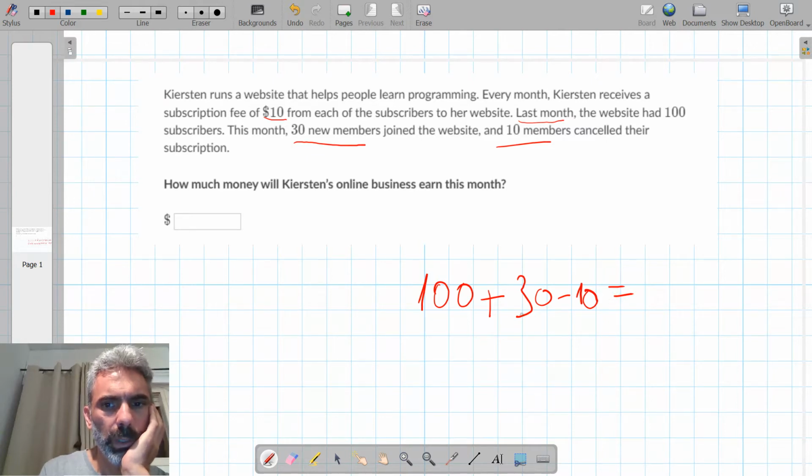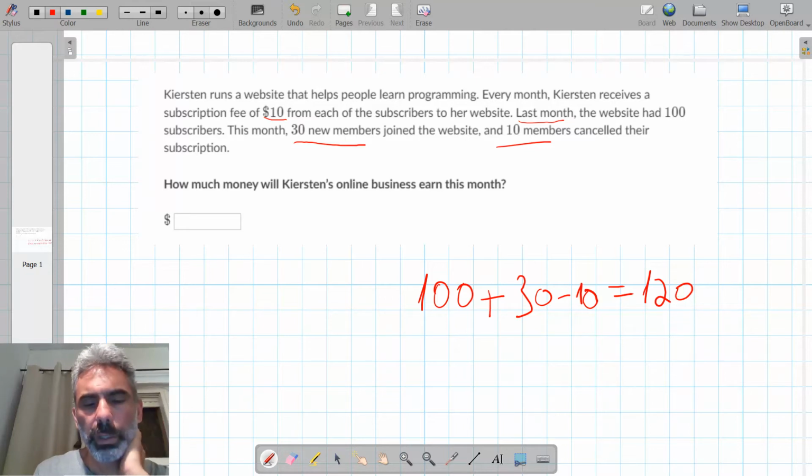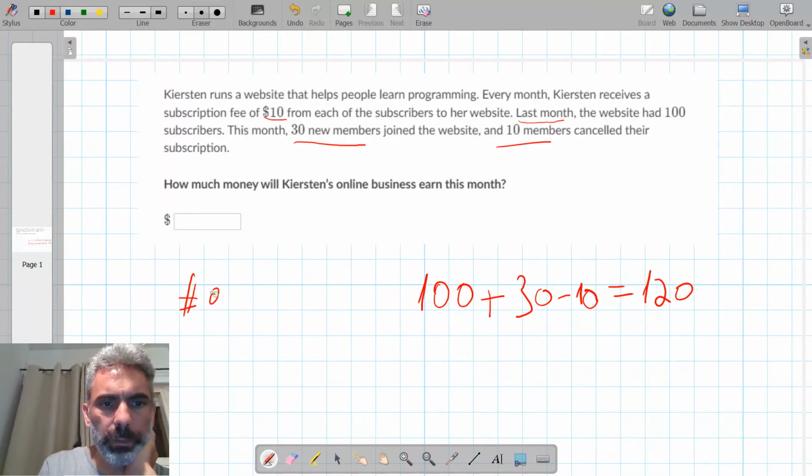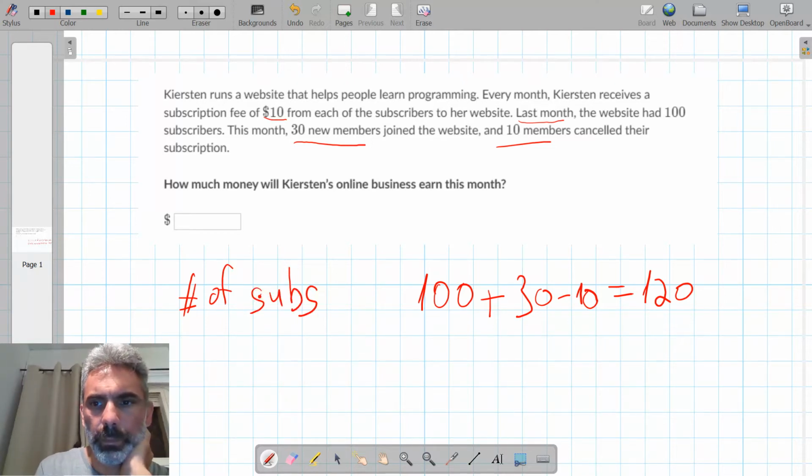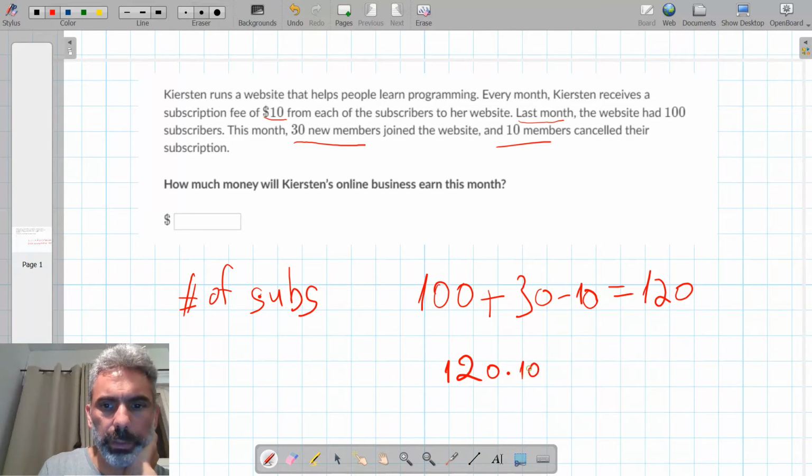So she has 130 minus 10, which is 120 subscribers. So number of subs. So she will earn 120 subscribers times 10 from each of her subscribers, which is $1,200.